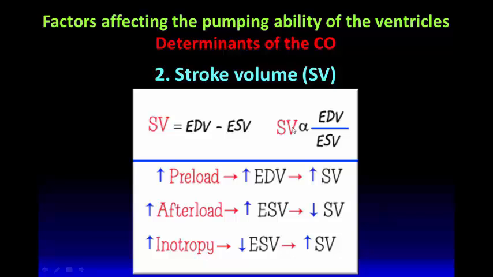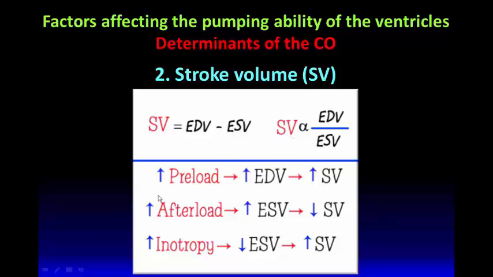Stroke volume is directly proportional to the end diastolic volume. So as the end diastolic volume increases, stroke volume also increases. Stroke volume is inversely proportional to the end systolic volume. So as the end systolic volume increases, stroke volume decreases.